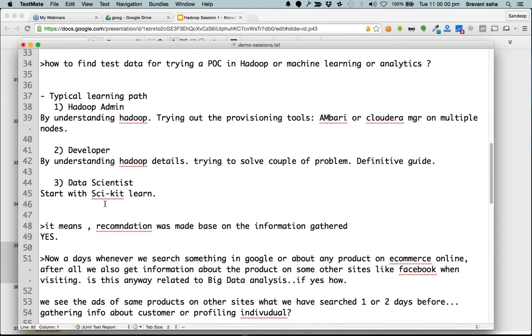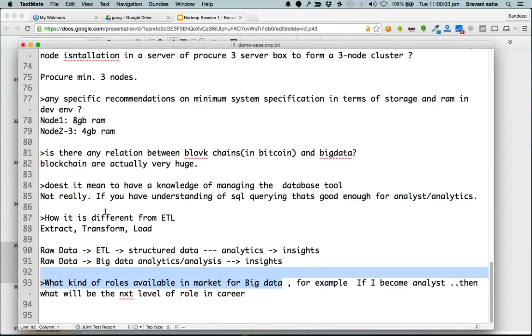One role is in analytics, where you are given some data and you are supposed to use tools like SQL and Pig to give the results. That is the role of a data analyst, who can convert the data from one form to another. Second comes the developer, who builds the complete solution end to end. The third is the big data architect, a level up from developer.